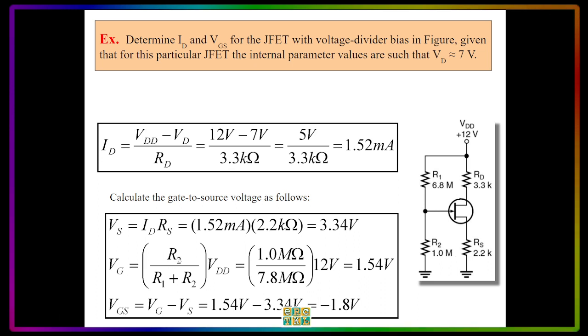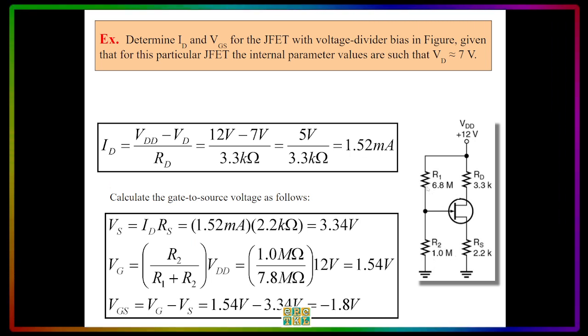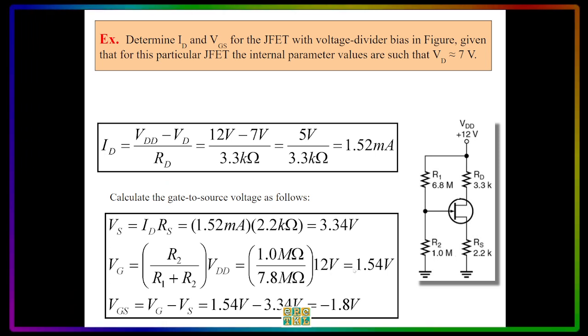Now VG is equal to R2 VDD over R1 plus R2. So 1 mega ohm for R2 divided by 6.8 mega ohm plus 1 mega ohm, that will be 7.8 mega ohm, multiplied by VDD of 12 volts. So the answer will be 1.54 volts.